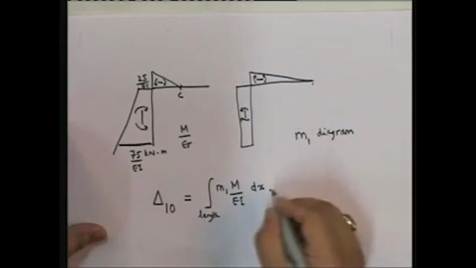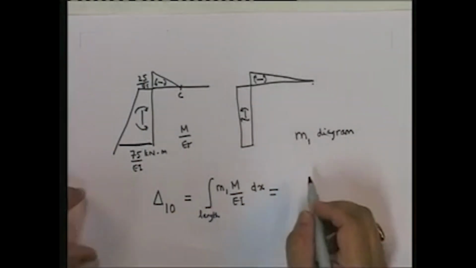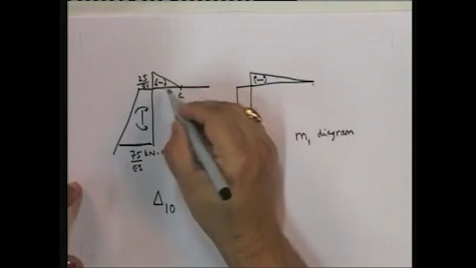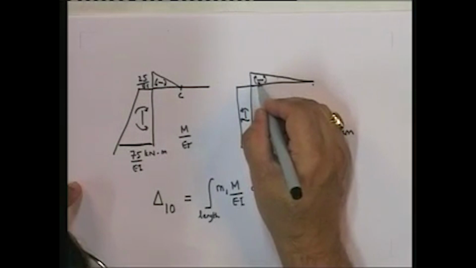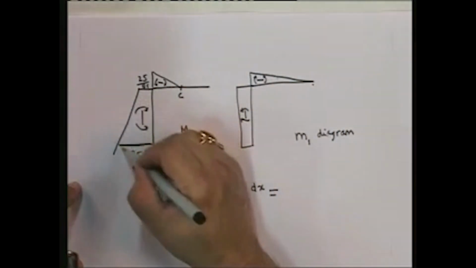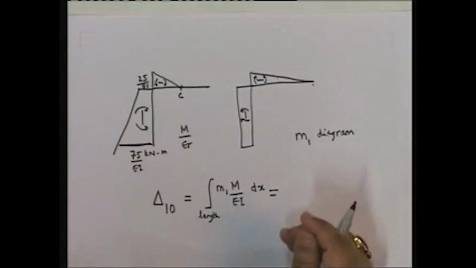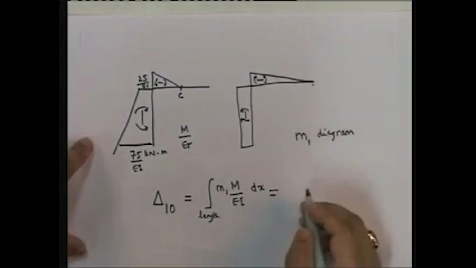So if you look at this particular situation, all you have to do is take this area and at its centroid find out this value, take this area and at the centroid find out this value. I'll go through the steps. What will you get over here?